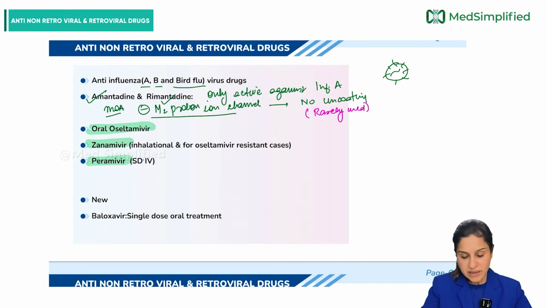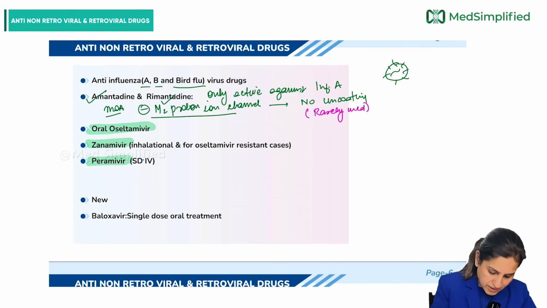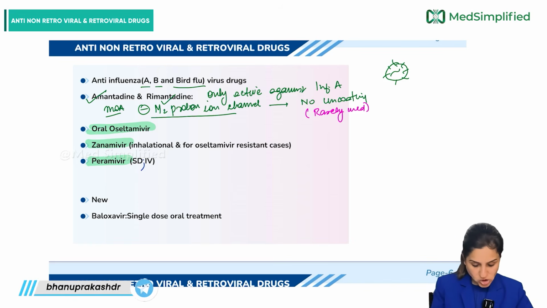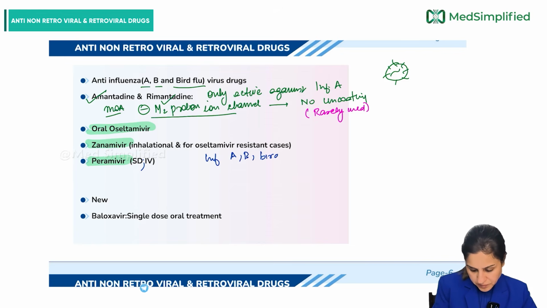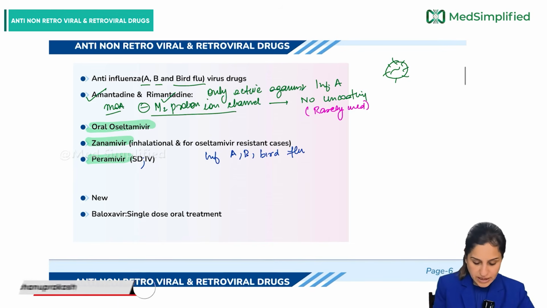Peramivir can be given in a single dose and is given as an IV formulation. They are effective against all types of influenza: influenza A, B, and also bird flu. Remember, Tamiflu was a drug that is given.